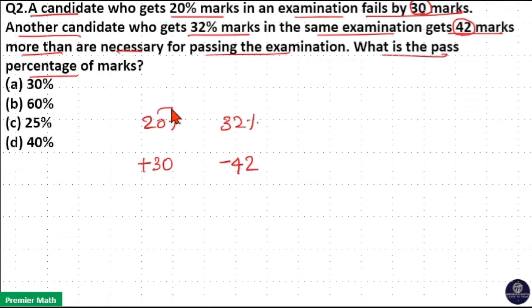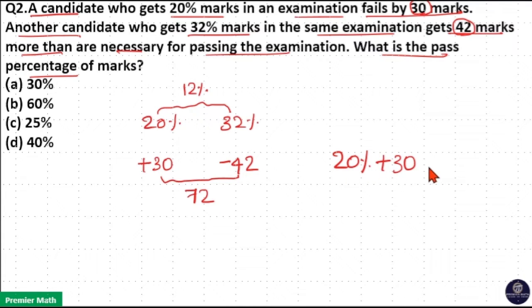Here, the difference between 20% and 32% is 12%. And here one is positive and one is negative, so the difference between 30 and minus 42 is 72. If you have doubt in this, you can write 20% plus 30 is the pass mark, which is equal to 32% minus 42.